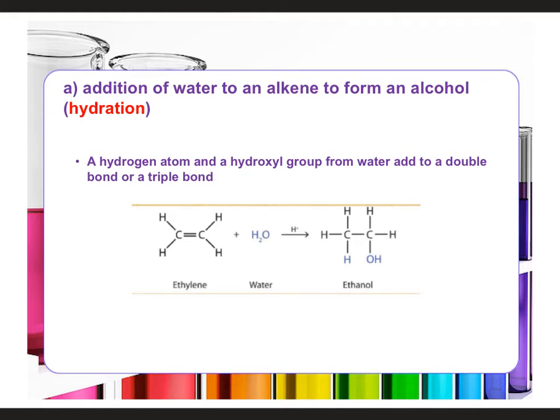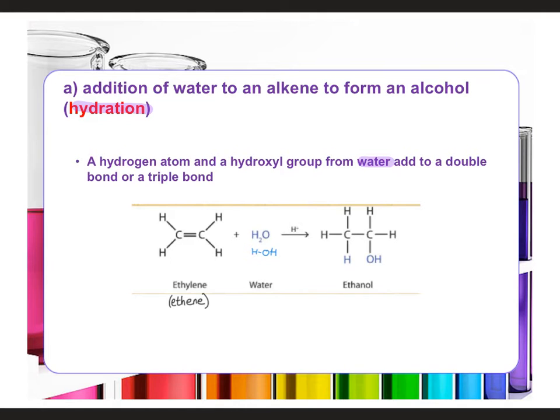So this is an example, and it's called hydration. And a hydration reaction is when we're adding water. So we're going to have a molecule that has a double bond or a triple bond. The example in the picture is ethylene, according to IUPAC known as ethene.